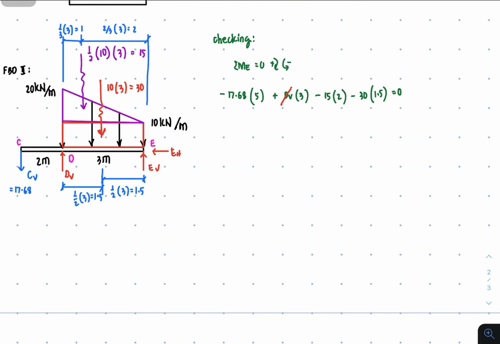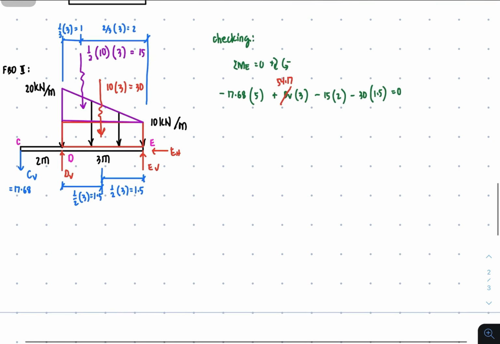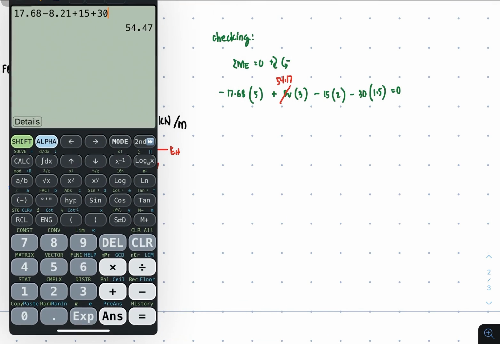How much is DV? 54.17. Okay, let's get our calculator. So that's negative 17.68 times 5 plus 54.17 times 3, then minus 15 times 2 minus 30 times 1.5.